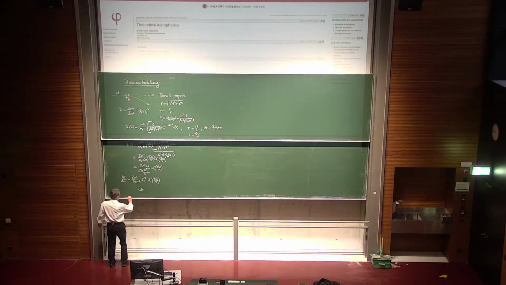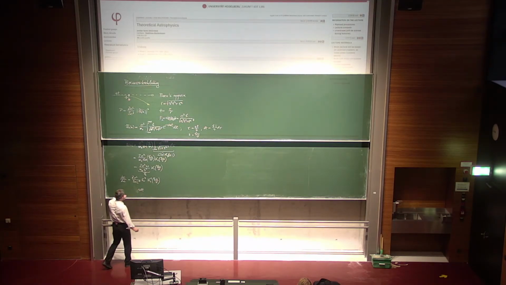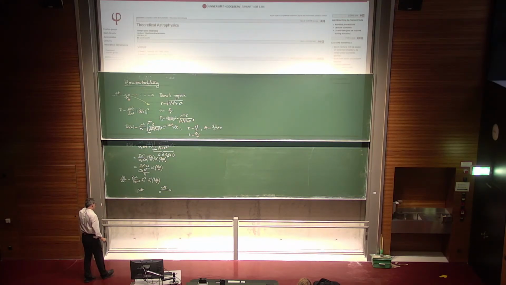Sorry, forget that, please. Electron is moving. All right. Now it's flying through a plasma which has a certain density, let's call it Ni, of ions that it's flying past.